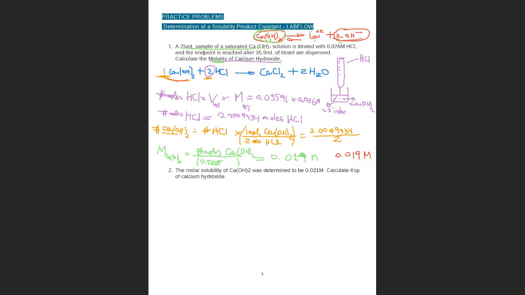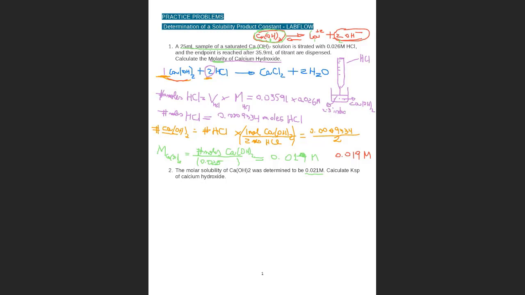Let's read it. It says the molar solubility of calcium hydroxide was determined to be 0.021 molar. And they ask to calculate the KSP, the solubility product constant.